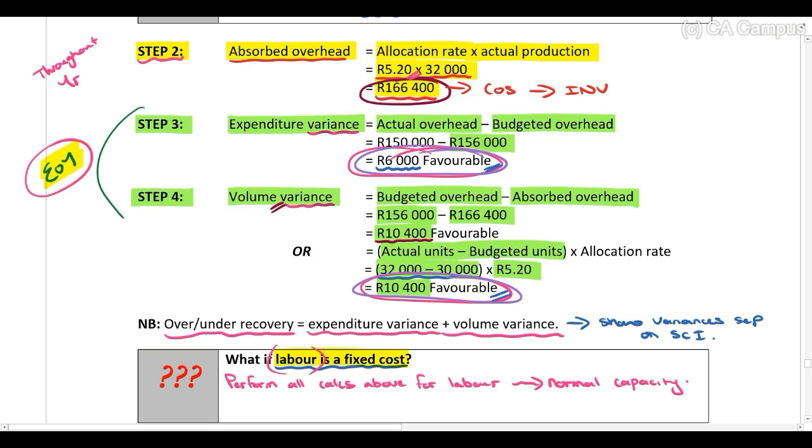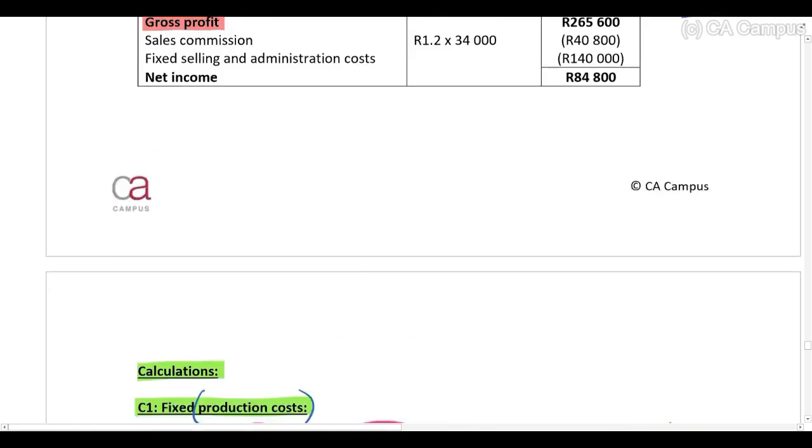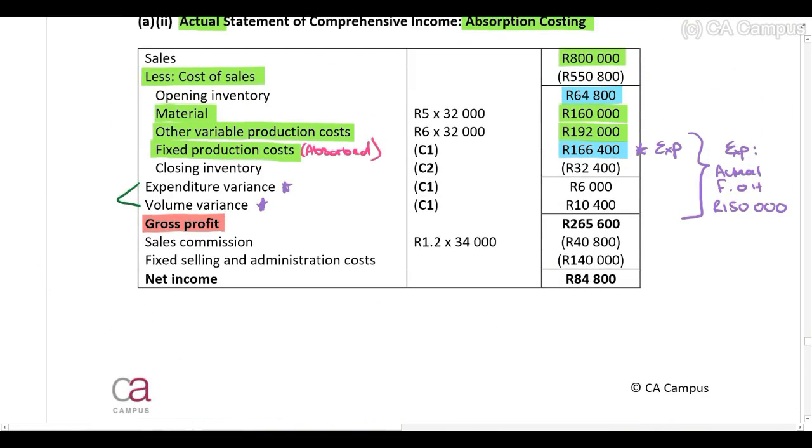Now please note, if these are favorable variances, they are going to be treated as income in your statement of comprehensive income. Makes sense, they're favorable, so they're income. So this is income, and this is also income. Please note, if the variances are unfavorable, you then treat them as an expense on your statement of comprehensive income.